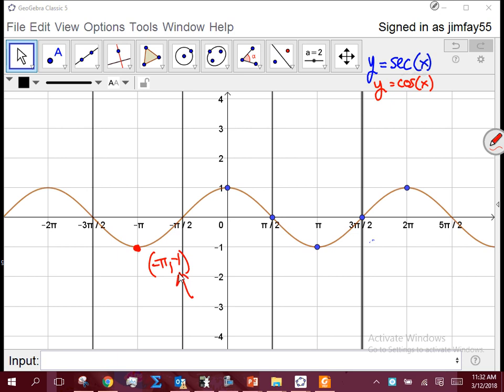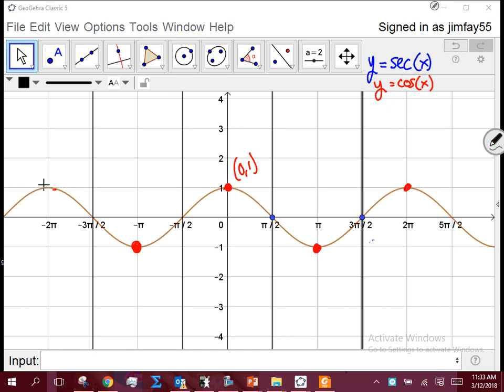But what's the reciprocal of -1? -1. So on the secant function, that point should exist. That point is going to be on there. It's shared by both curves. Does that make sense? Let's come to this point here at 0, 1. What's the reciprocal of that y value? 1. So that should exist on the secant. And then that pattern just repeats.